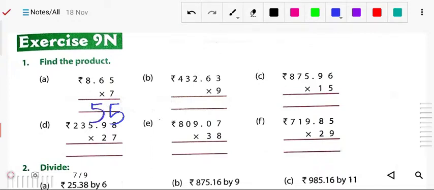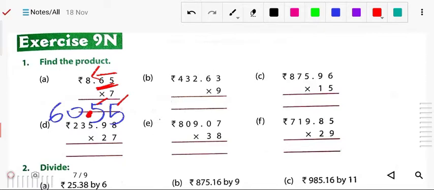Now it will be 0 and it will be 6. Then you have to check, from right to left, how many digits are there. 1, 2, 2 digits are there. Then the point, so you count 2 digits, 1, 2, and the point will be here. Okay, so this is your answer. Simply first of all you have to multiply, then put the decimal.